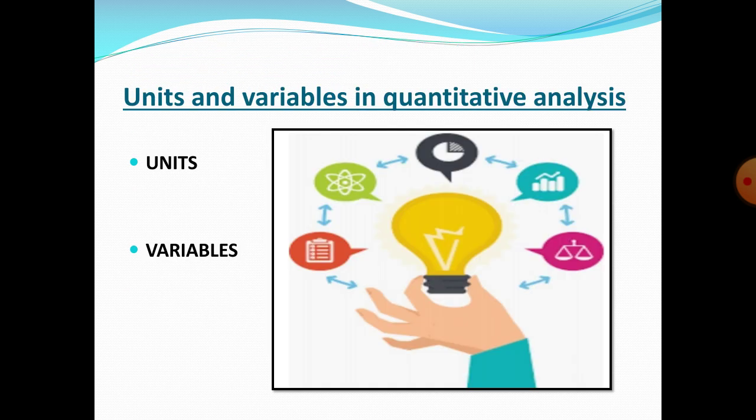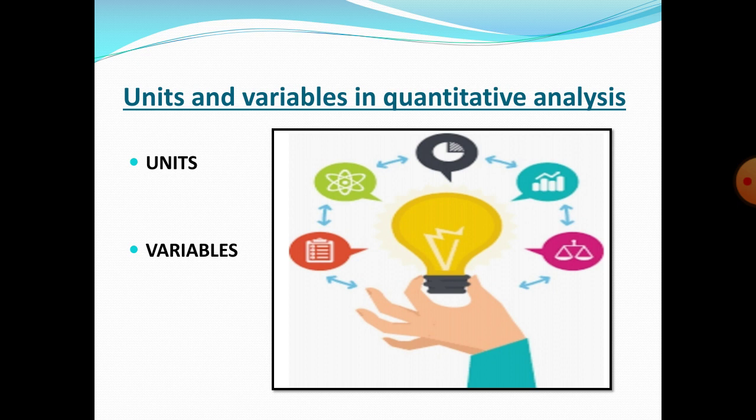Units and variables in quantitative analysis. Units. When we collect data in quantitative educational research, we have to collect them from someone or something. The people or things we collect data on or from are known as units or cases.